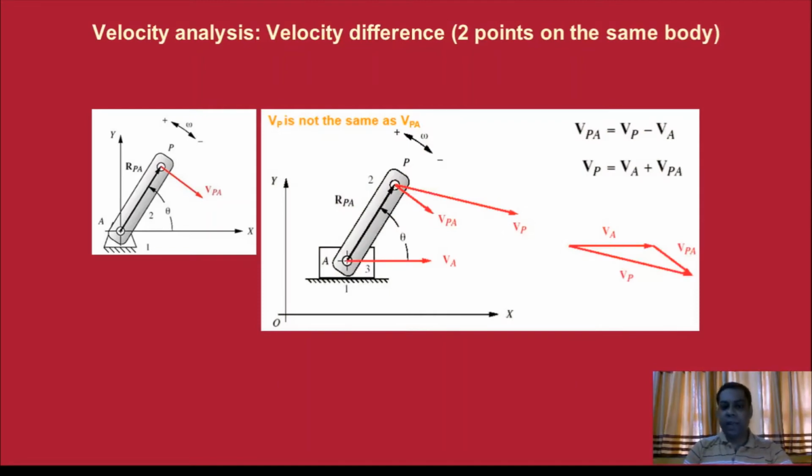Now over here we have to understand that the velocity of P is not the same as the velocity of P with respect to A. That is, Vp is not exactly the same as Vpa. Have you seen what Vp is and what Vpa is? Now over here there is a slider at point A. The slider is supported on the flat link, which is shown by a hatched line, and it is rectangular in shape.